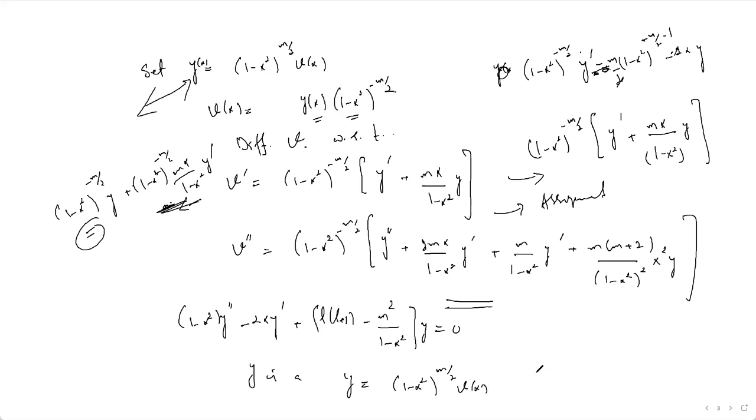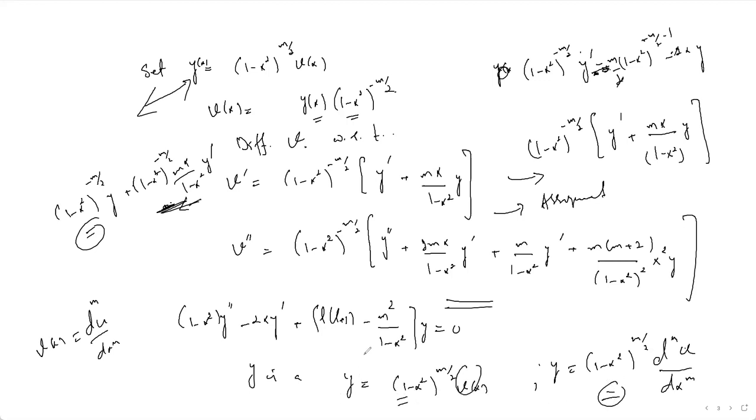In the beginning I wrote v of x as d^m mu by dx^m. So either you can write it like this or like this, but you should know what this actually is. Then I say this y is a solution to the Legendre differential equation because it satisfies it.